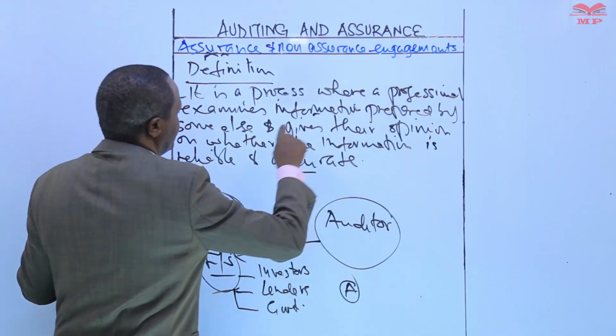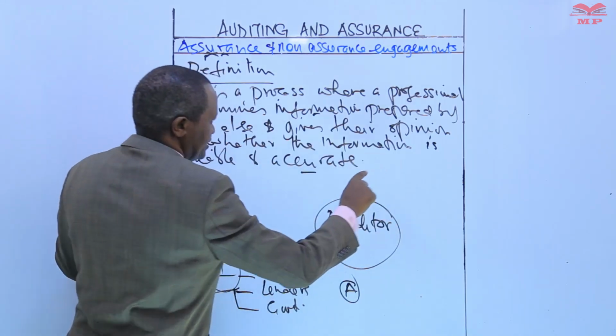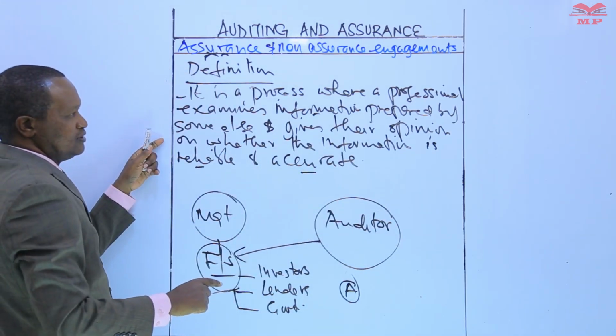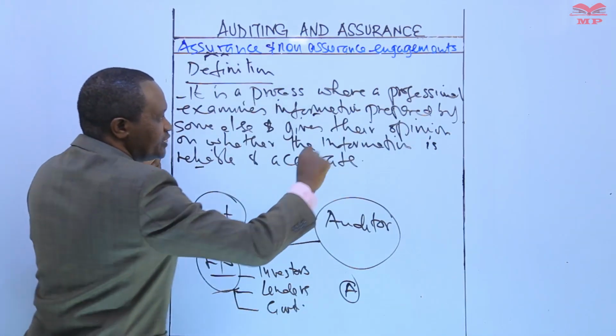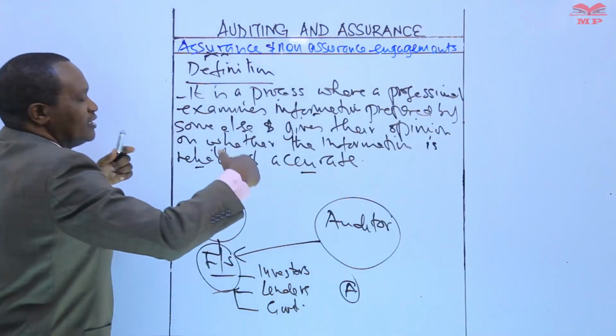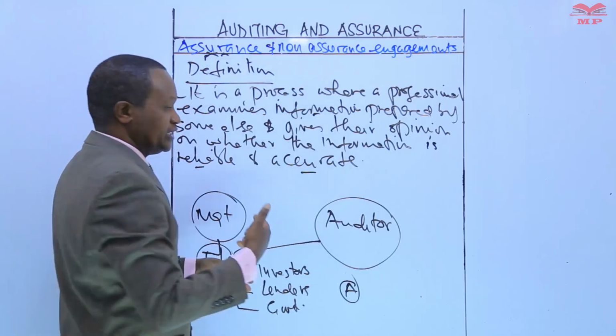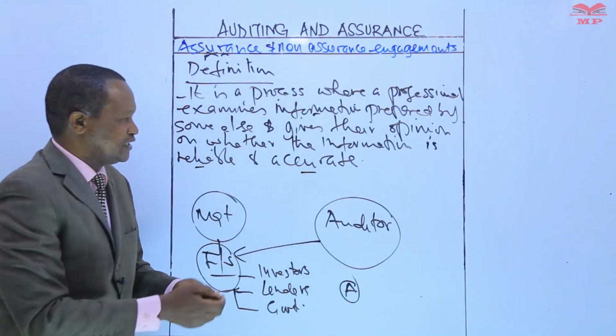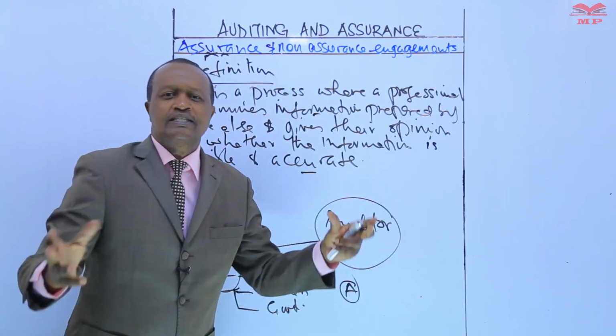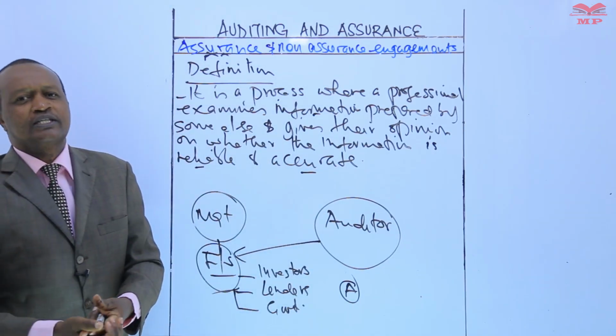Examine information prepared by someone else who is a professional who gives their opinion as to whether the information is reliable and accurate. So that's the meaning of an assurance engagement. We've given just one example. There are many different types of assurance engagement.